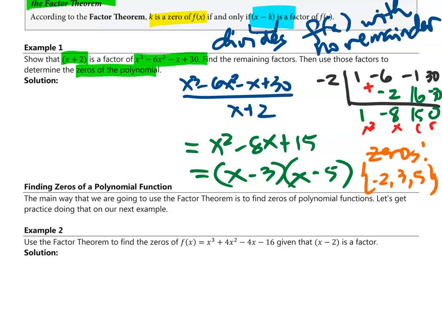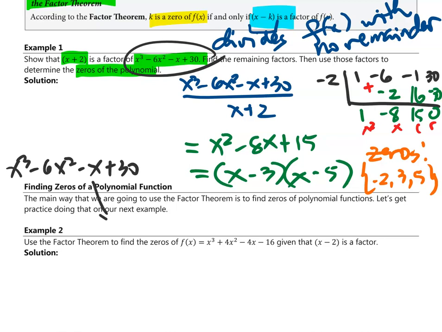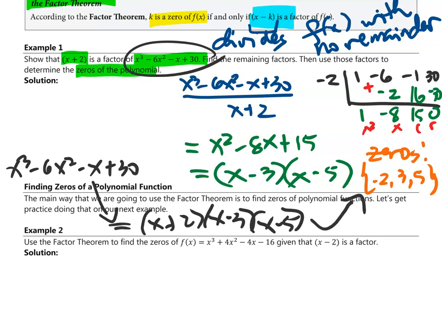So we know that x cubed minus 6x squared minus x plus 30 is equal to, sorry, I don't have space. The factors are x plus 2, x minus 3, and x minus 5. And these are the zeros.